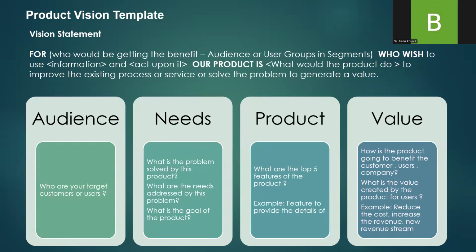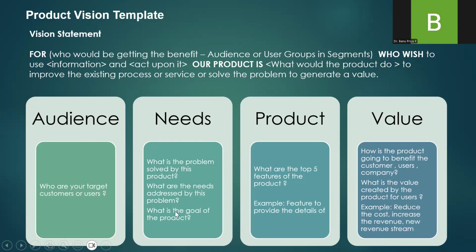So next, where should we start? Always, we should start with a vision statement. A vision statement will have all these four things: audience, needs, product, and value. Who are your audience? Who are your target customers or users? Next, what is a problem that can be solved by this product for your audience? What are the needs that are addressed by this problem?